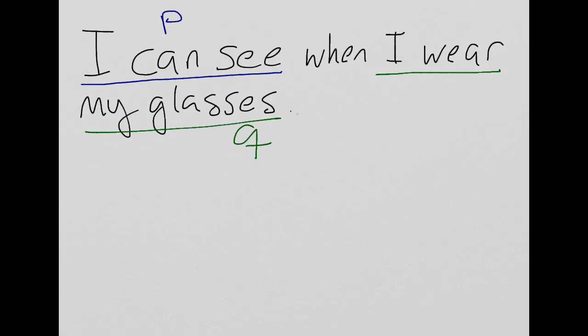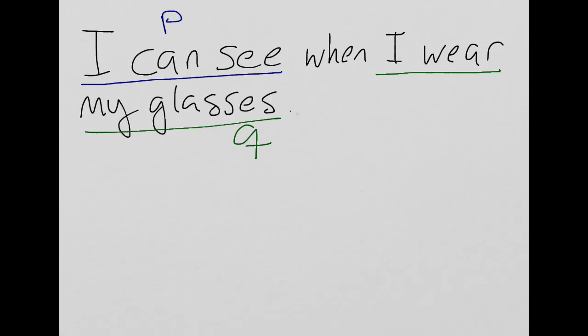Now that you've had a chance to work on this by yourself, let's go ahead and take a look at it together. So first we want to identify the hypothesis and the conclusion. So hypothesis is going to be, I can see, and then conclusion is going to be, I wear my glasses.